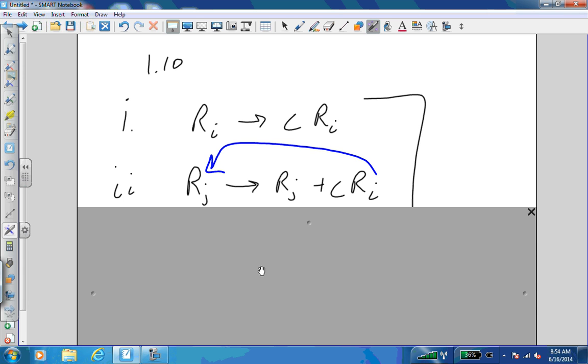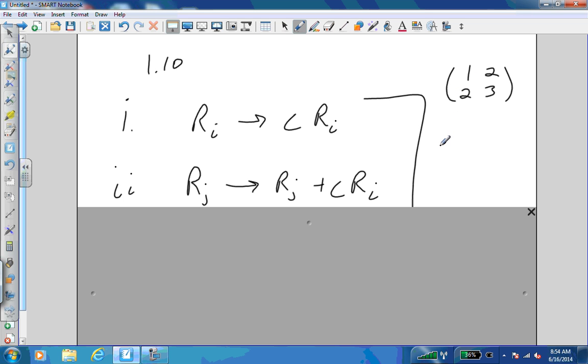For example, if I had some matrix and I was trying to get a 1 right here, let's say we have a 1, a 2, a 2, and a 3. If I was trying to use this number to get a 0 right here, not a 1, a 0, then I wouldn't multiply this row by something.